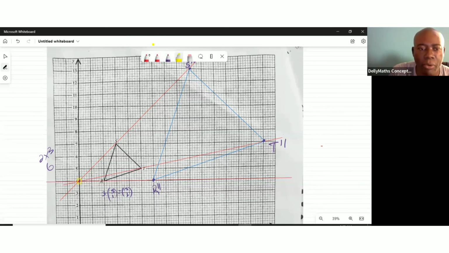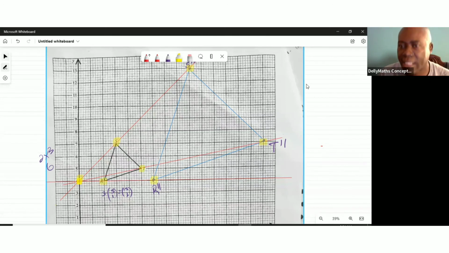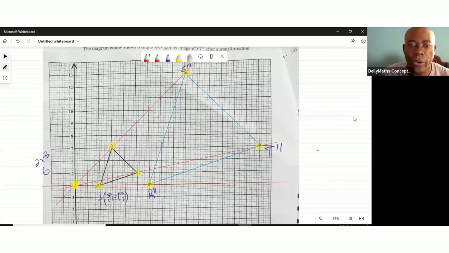So for example, from center to S prime, there's a straight line, from center to T double prime, from center to R double prime, there is a straight line. So already you know that it's going to be on that line. So you could draw that line and then use it as confirmation or help you towards your counting.